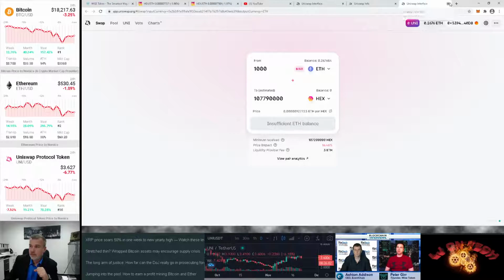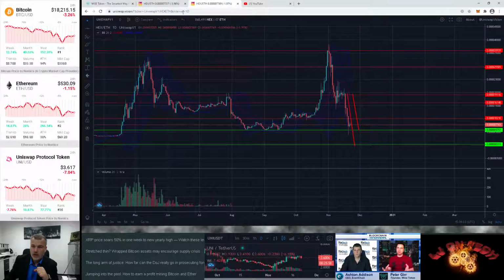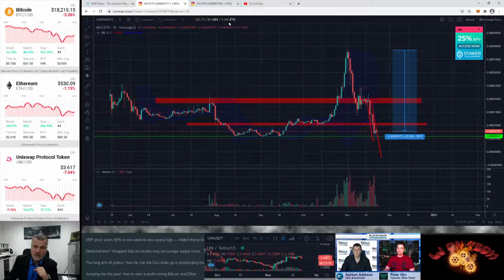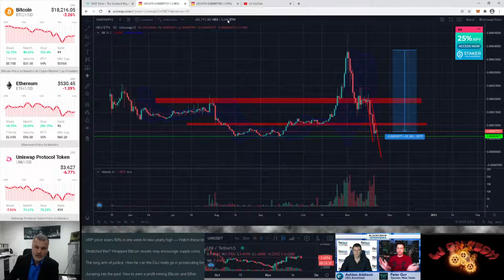So if Richard Hart pulls up the liquidity right here, the HEX coin has no future of getting a huge price increase. And that's a liquidity problem.